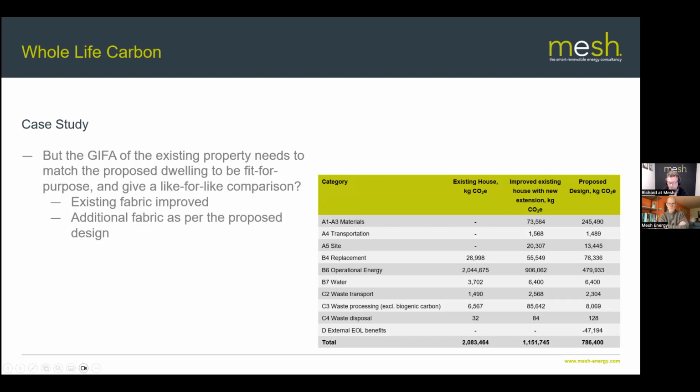So what we did was have a look at taking the existing house, improving it, and then adding an extension that would give the gross internal floor area that was required with the additional new forms of construction, moving over to a new energy strategy and so on and so forth. And we could make a significant reduction, but what we then did was do the analysis of the proposed design.